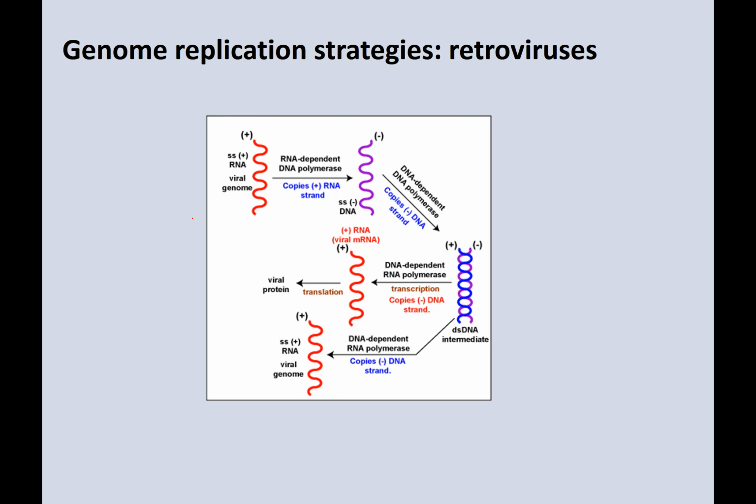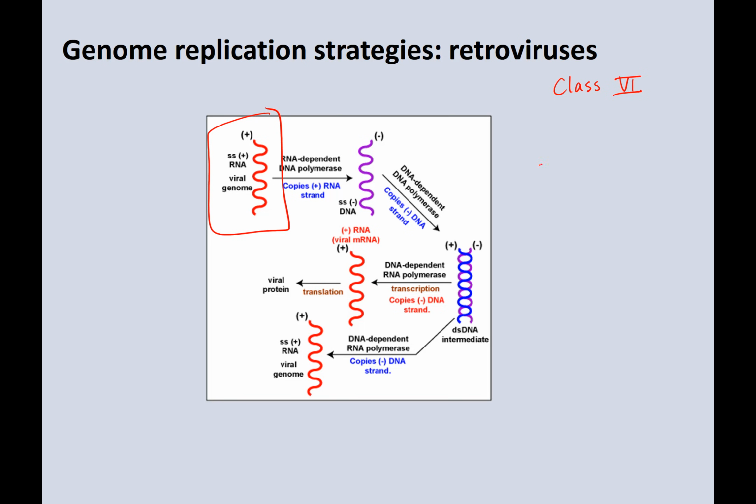All right, one more. Retroviruses, which are our class 6, like HIV. So the genome inside the capsid is positive sense RNA.